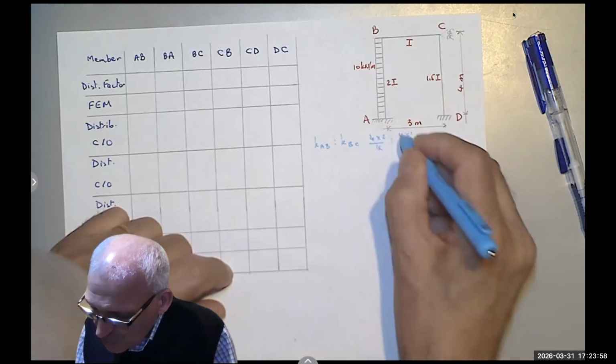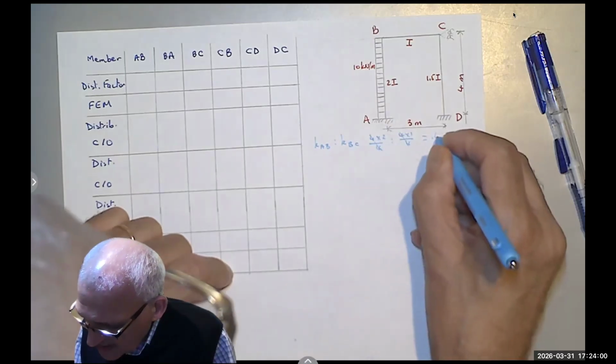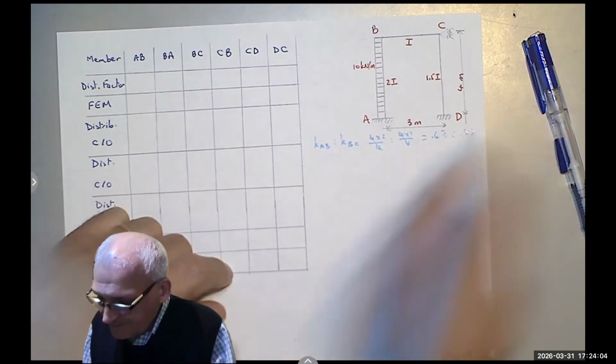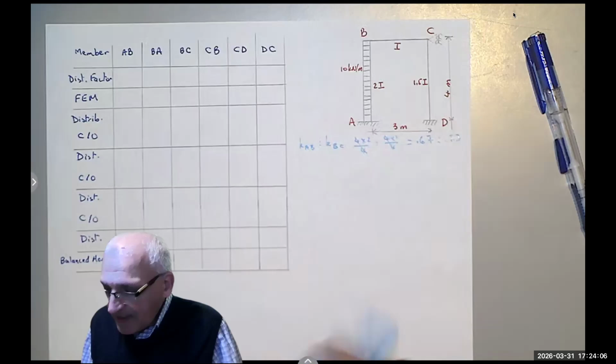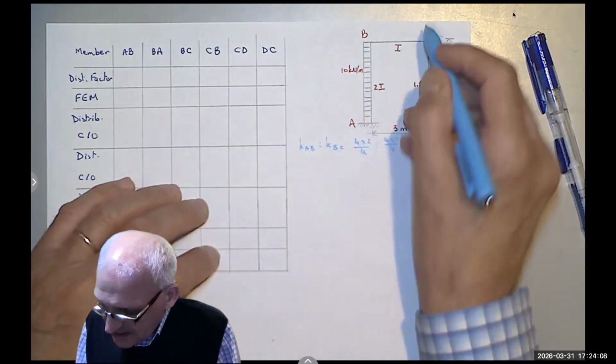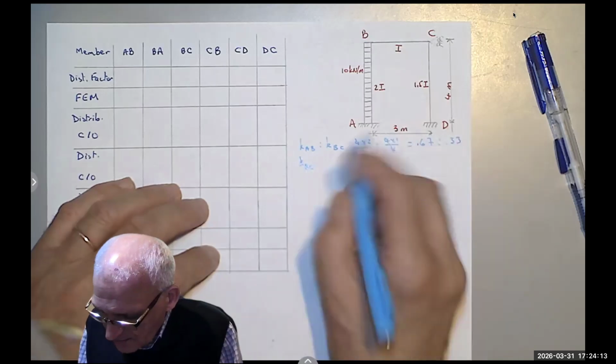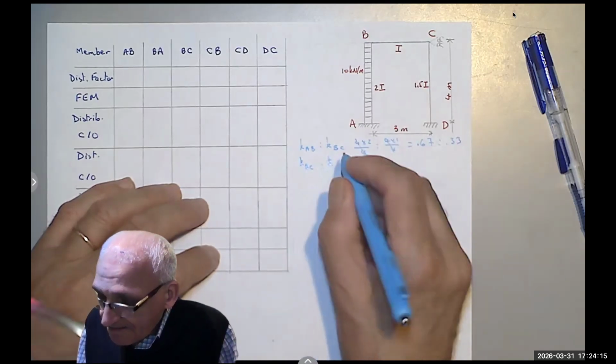So this is really 2 to 1, meaning 0.667 to 0.33. That's easy. Now let's do BC at joint C. K_BC, which we said is 1, to K_CD.